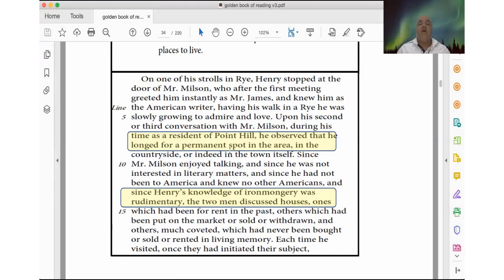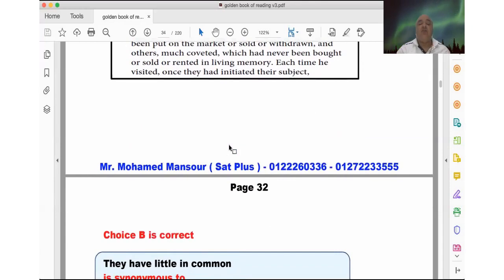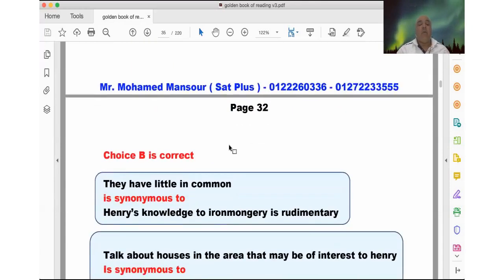The things they're both interested in are different. They don't have anything in common to talk about, so they started talking about houses, as the American guy wanted to buy a house in Ray. Those are the two main claims we could pick up from the introduction of the first paragraph of the passage.